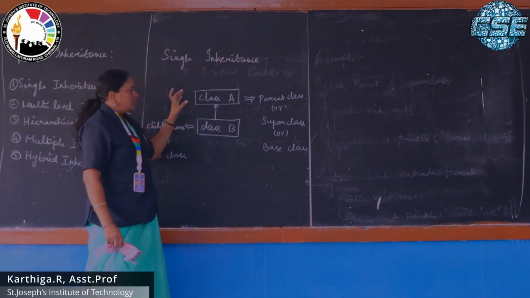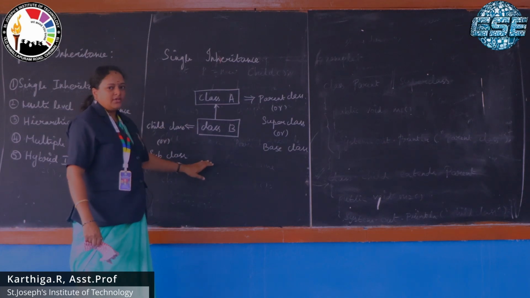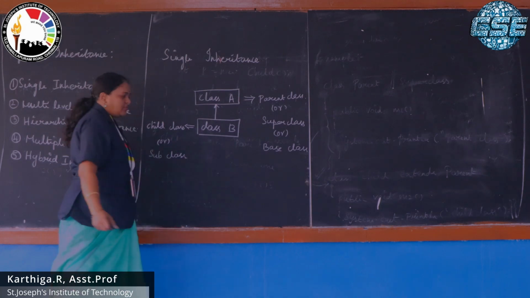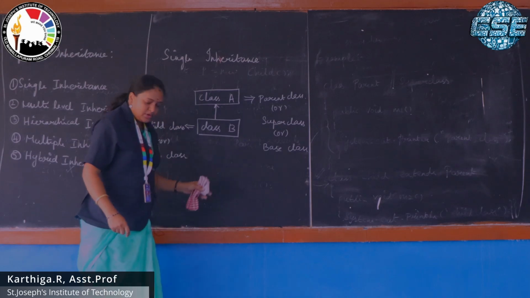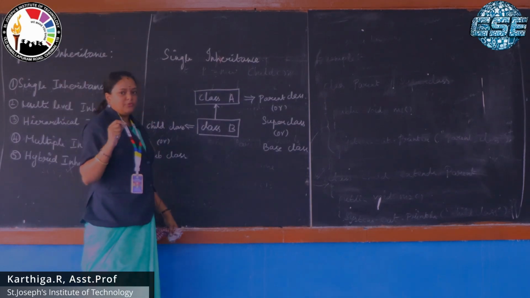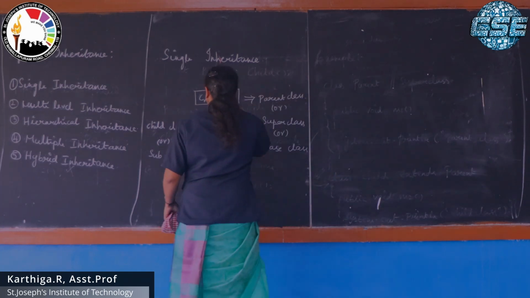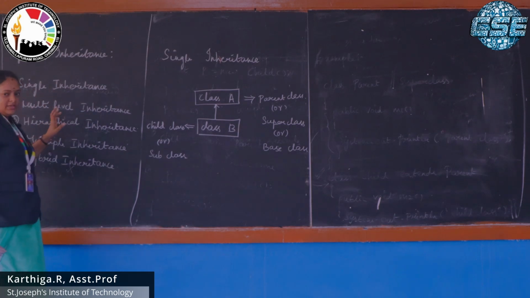So here the data members in class A is acquired by the class B. Okay. So likewise, as we saw in the earlier example, now I am going to write a simple example for this concept. Okay. And one more thing, next, multi-level inheritance.